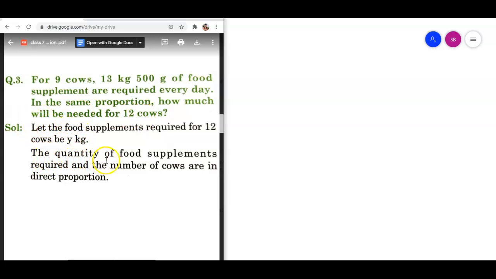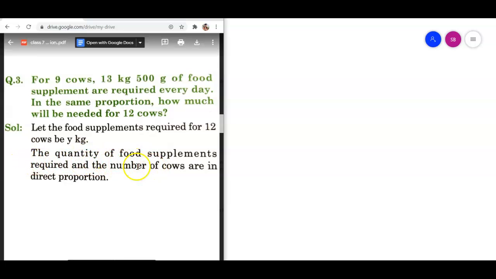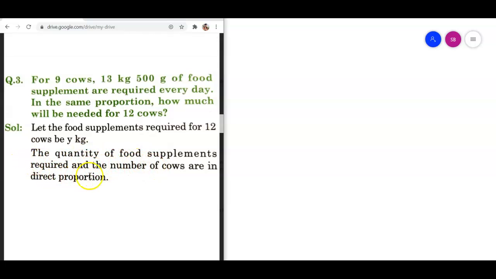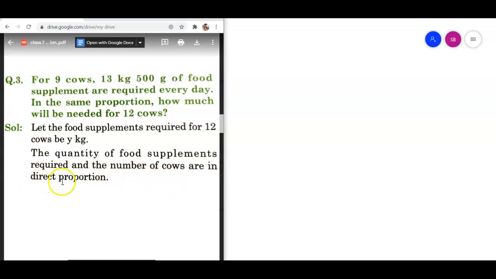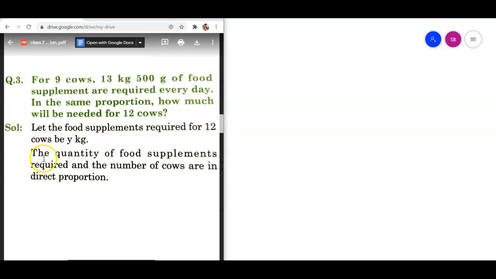The quantity of food supplement, this line is again important. Remember, the quantity of food supplement required and the number of cows are in direct proportion, right? What is asked is the quantity of food supplement.